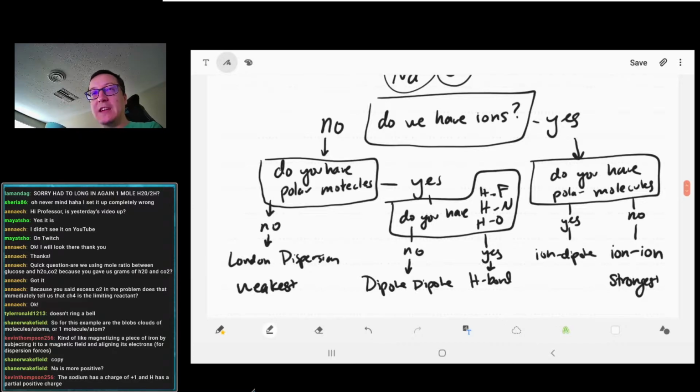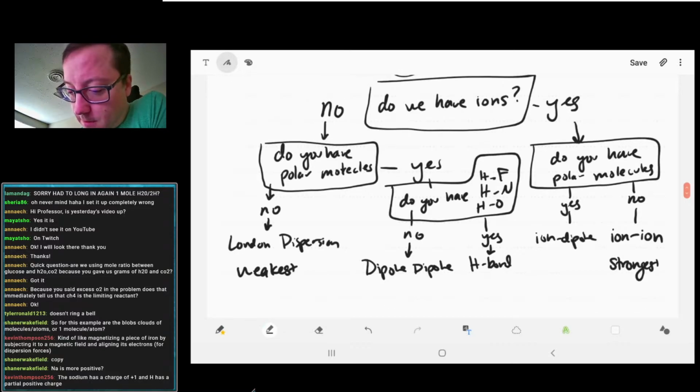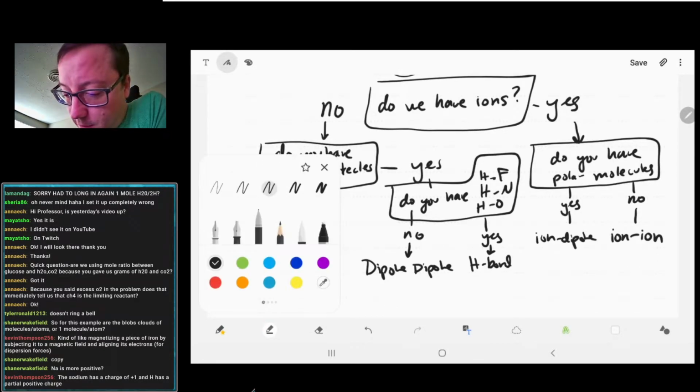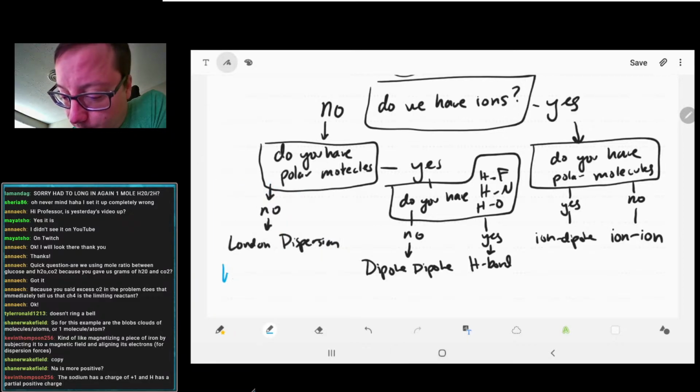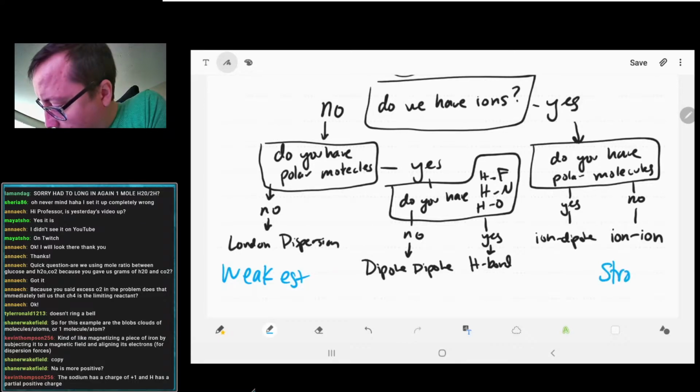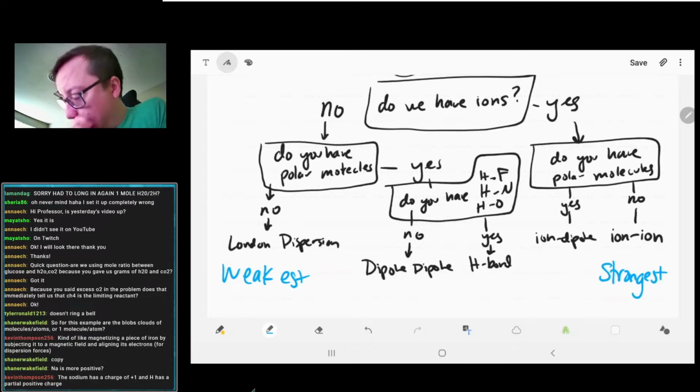So this is a chart to figure out the strongest force that you could possibly have. Let's just make things a little more obvious.